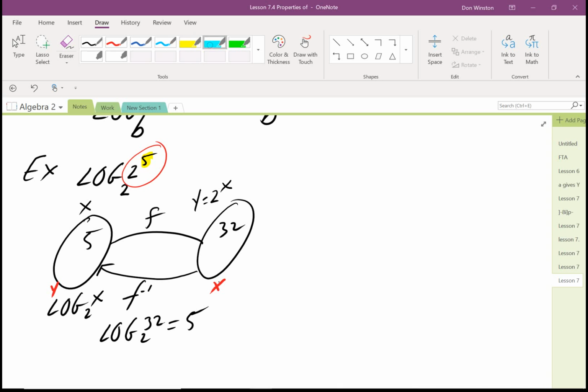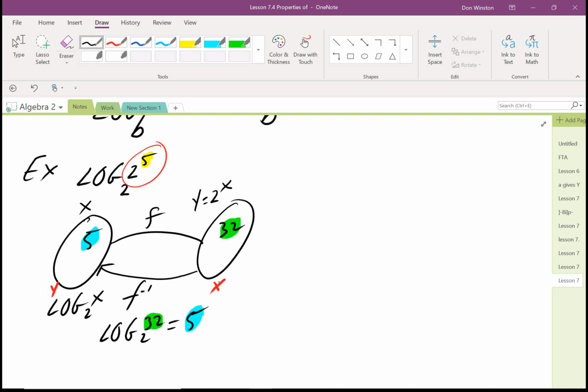I started with 5, and the y I got was 32. Now given 32, I can get back to 5. That's what makes inverse functions nice, and that's what we're going to use a lot when we solve equations involving logarithms and exponents. Without it, we would not be able to solve them.